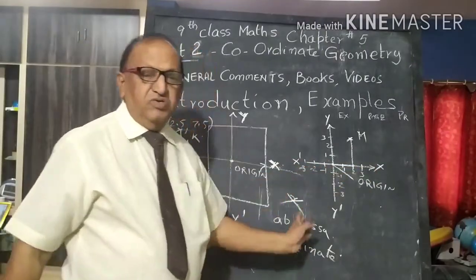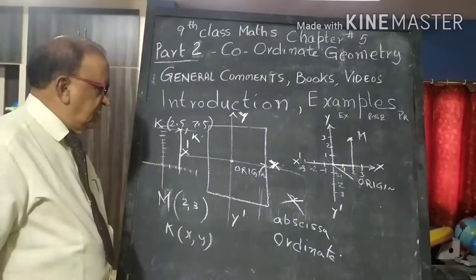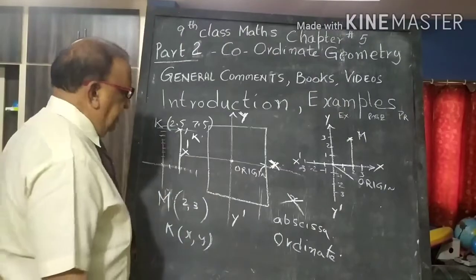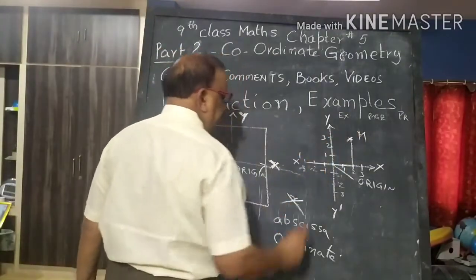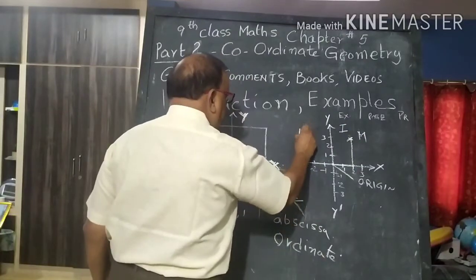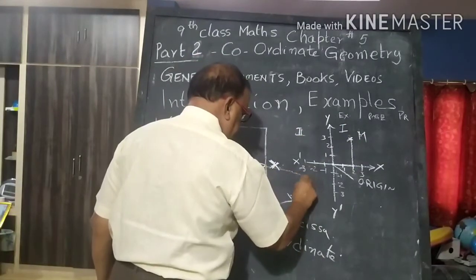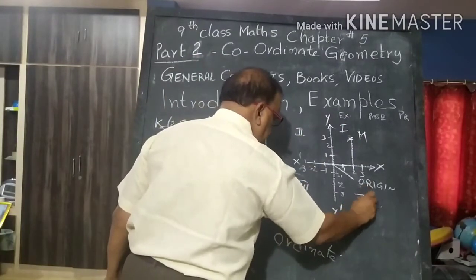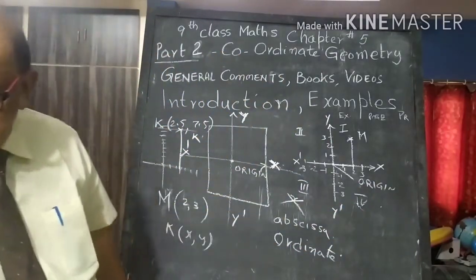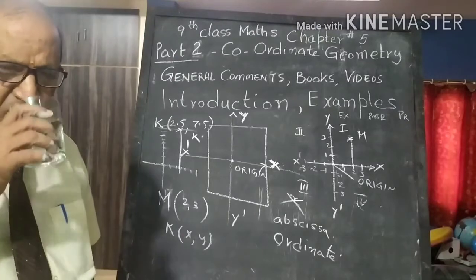You normally use 1 centimeter equal to 1 unit, and based on that you can represent the point. Now here you can see, this one is called the first quadrant, this is the second quadrant, this is the third quadrant, and this is the fourth quadrant. We go in the anti-clockwise direction.